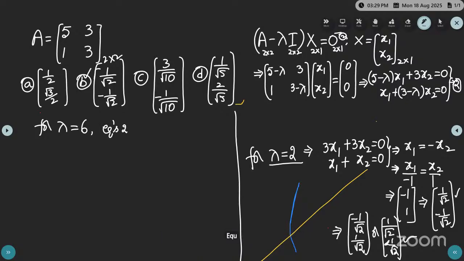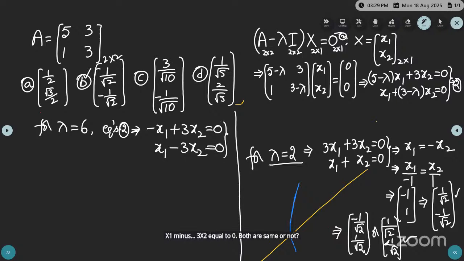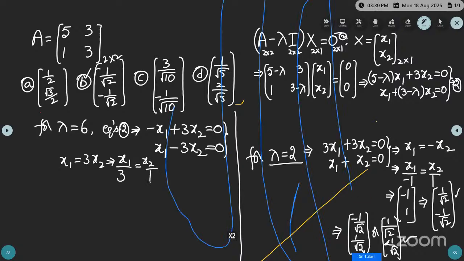Equations 2 implies 5 minus 6 x1, means minus x1 plus 3x2. What is the next equation? x1 minus 3x2 equal to 0. Both are same or not? Both equations are same. So x1 equals to 3x2. This implies x1 by 3 equals to x2 by 1.